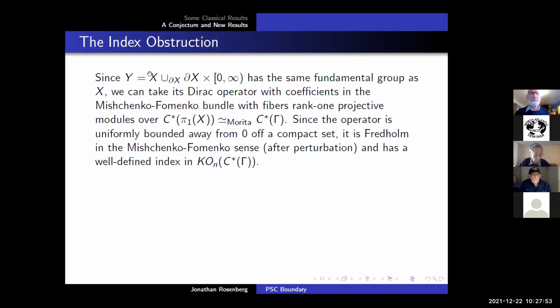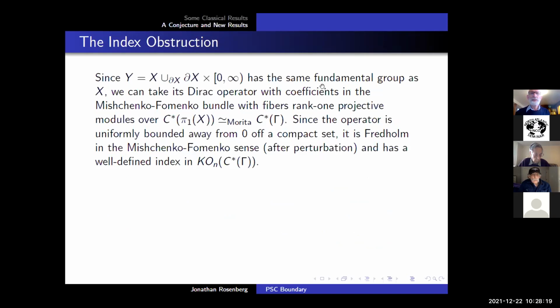So this manifold Y has the same fundamental group as X. So we can take its Dirac operator with coefficients in the Mishchenko-Fomenko bundle, whose fibers are rank 1 projective modules over the C-star algebra of the fundamental group, which is, of course, Morita equivalent to the C-star algebra of gamma.